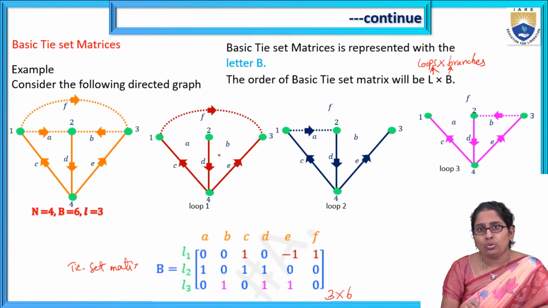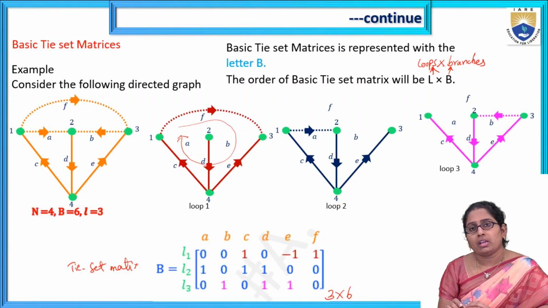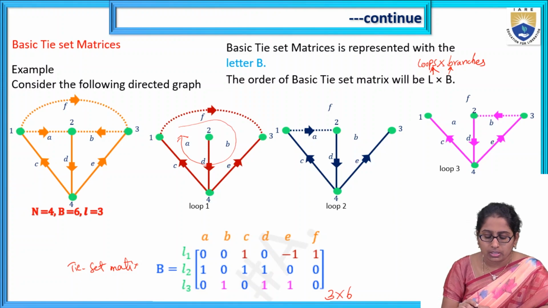For the first loop, KVL is applied. We have to assume a loop current path, then you can write down the KVL equations. In the first loop I have taken the loop current direction like this.